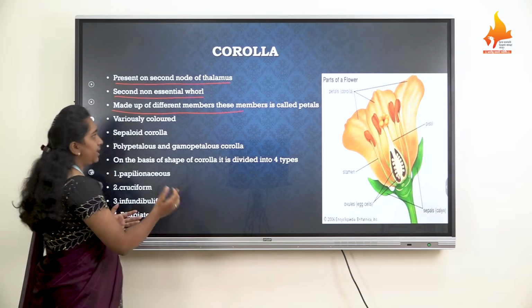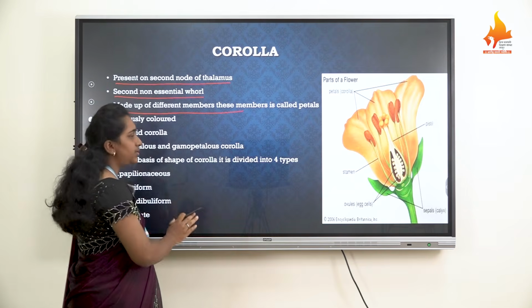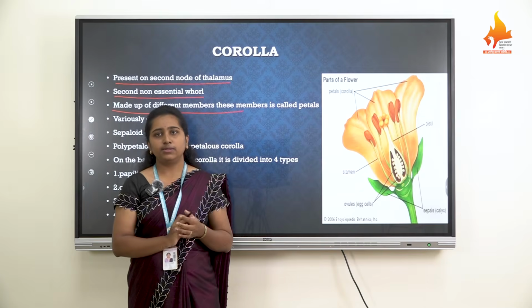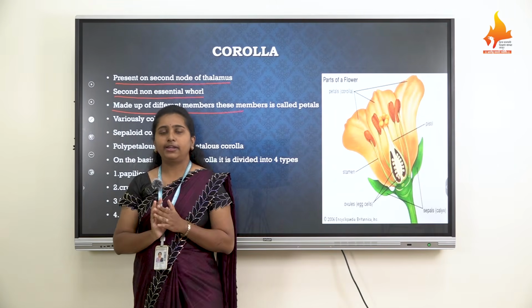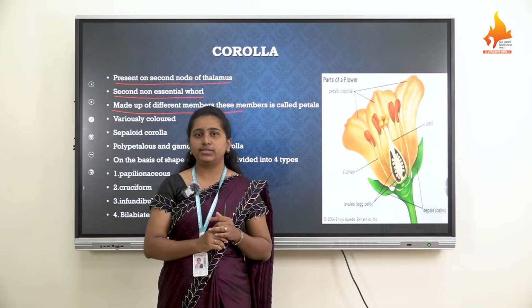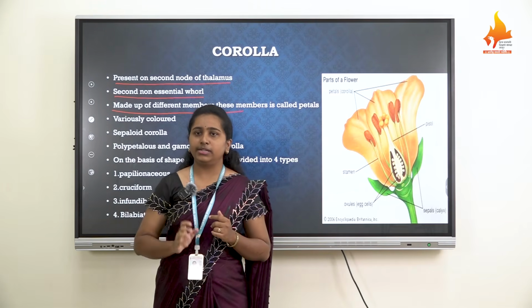So on the basis of petals being fused or free, corolla is again divided into two types. First one is polypetalous corolla and second one is gamopetalous corolla. Polypetalous corolla is nothing but, poly means free and petalous means petals.